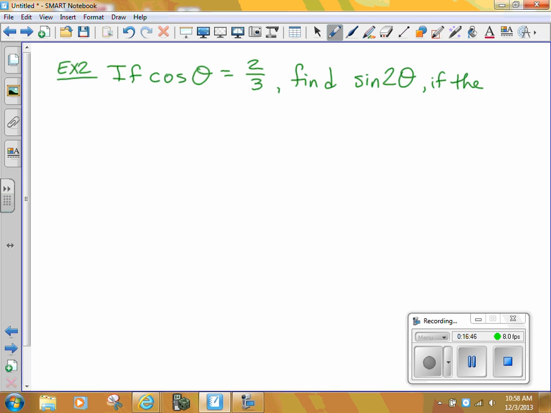Wait a minute. If the interval for theta is... you know I can't multitask. Hold on just a second. Let me double check.